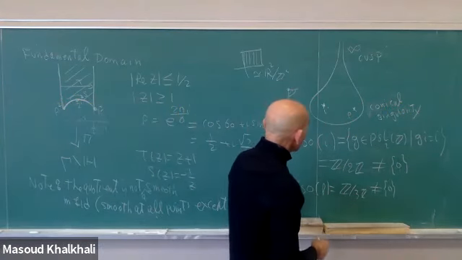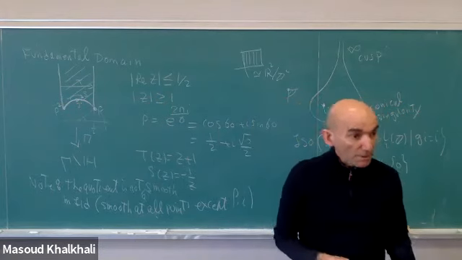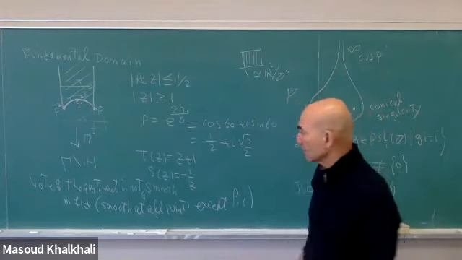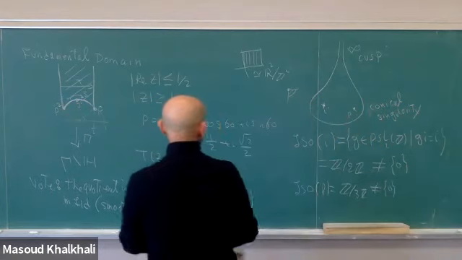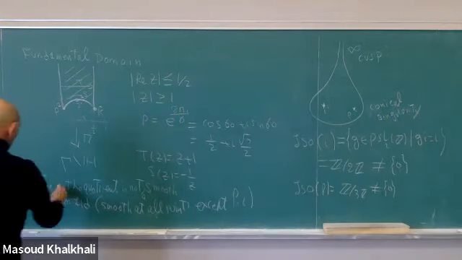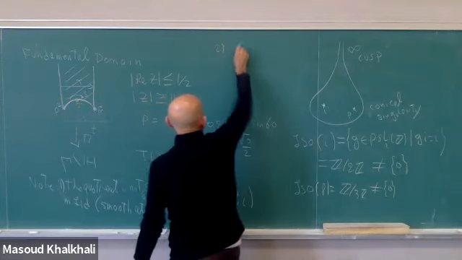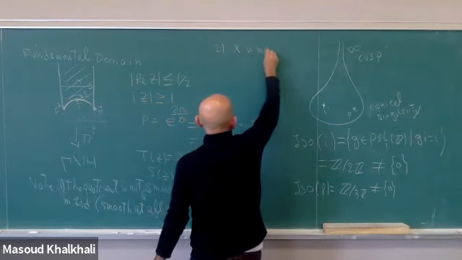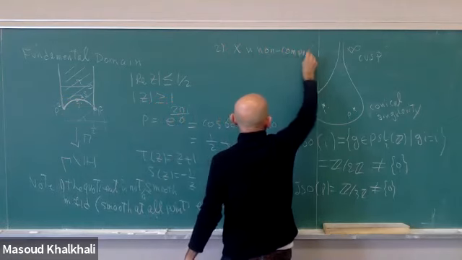The second thing is that, of course, the manifold is not bounded. It's non-compact, right? That's another thing: this guy is non-compact. So let me write it here. Note 2: X is non-compact. That's obvious.